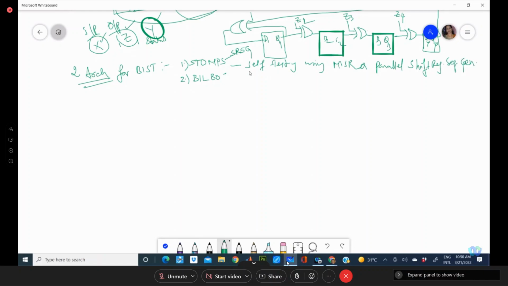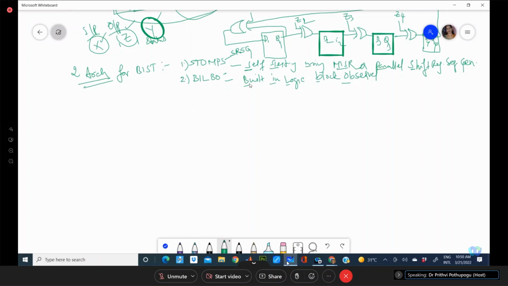So this is your STUMPS. And the other one is the built-in logic block observer. This is BILBO.